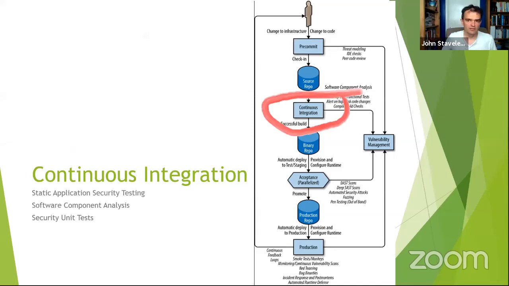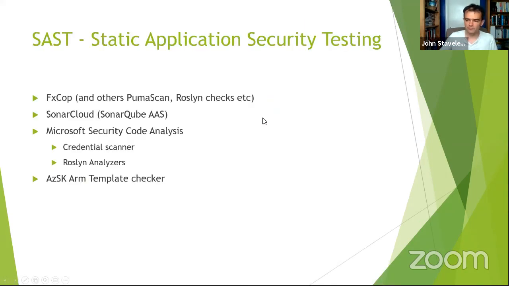All right, so now we've made a commit, and then it's building in our Azure pipelines. So here we can do static application security testing, software component analysis, and running our security unit tests. So first up, a variety of static application security tools. First, you've got fxcop.